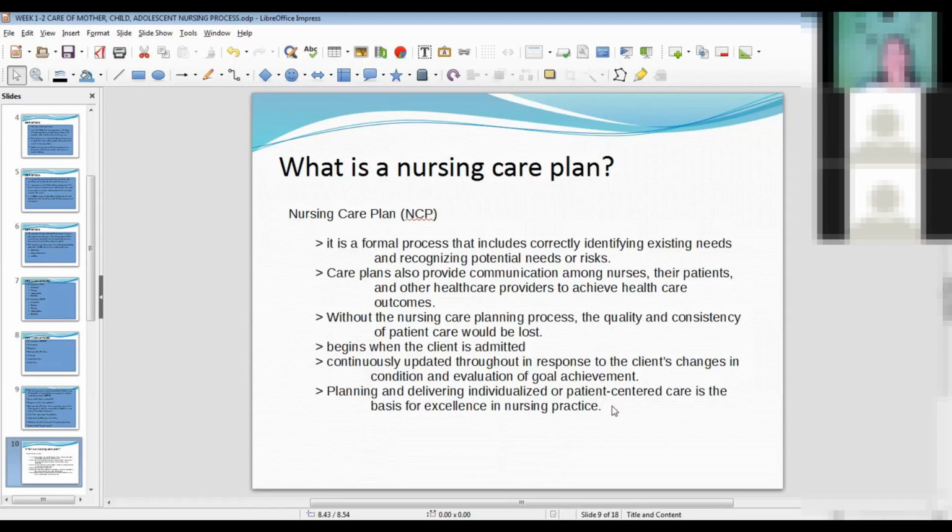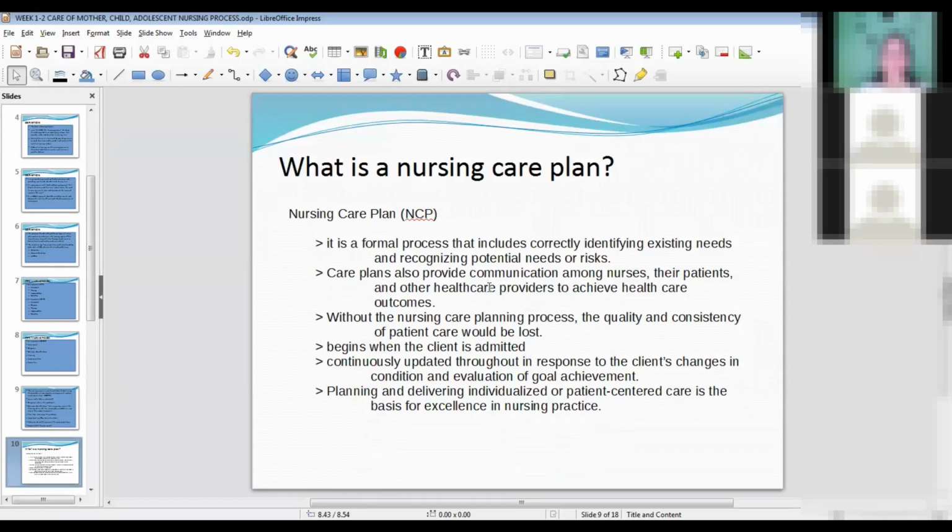So they can continue with the plan that you have formulated, or they can evaluate and reassess if the plan that you have formulated is helping the patient. Nagpo-progress yung status ng patient natin, or nagko-contribute yung plan of care mo sa healing ng ating patient. So yan yung when we talk about continuity of care.